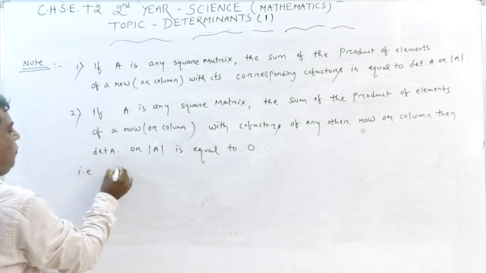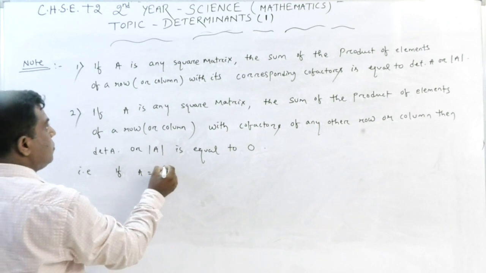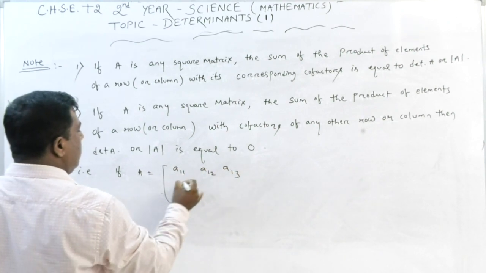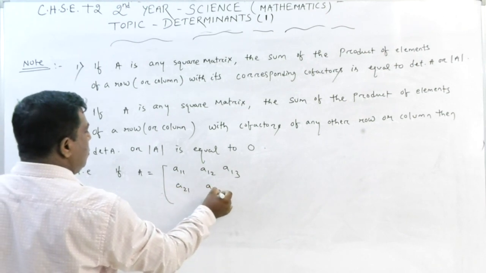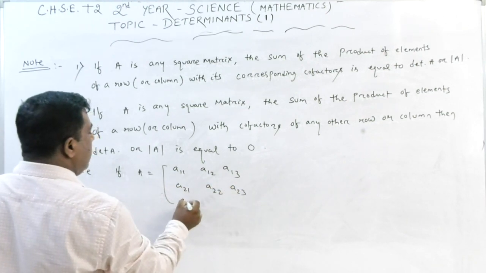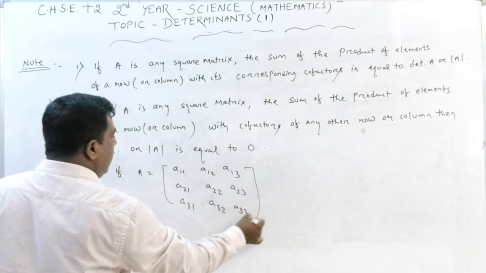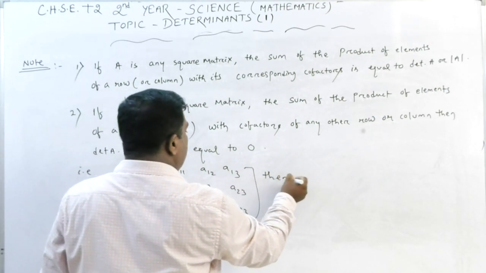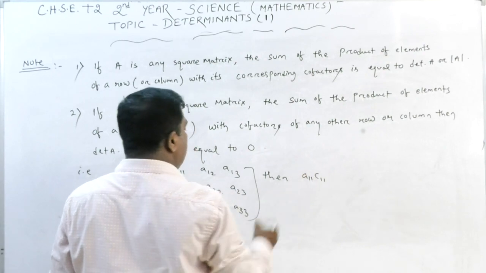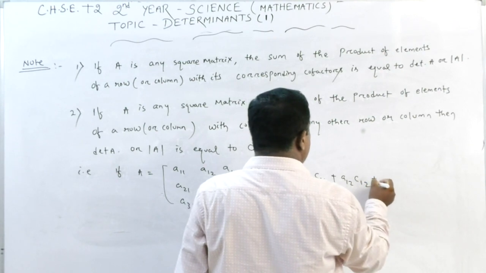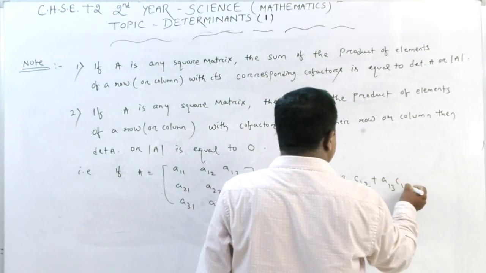I am again explaining it. If A equals A11, A12, A13, A21, A22, A23, A31, A32, A33, then A11 multiplied with C11 plus A12 multiplied with C12 plus A13 multiplied with C13.